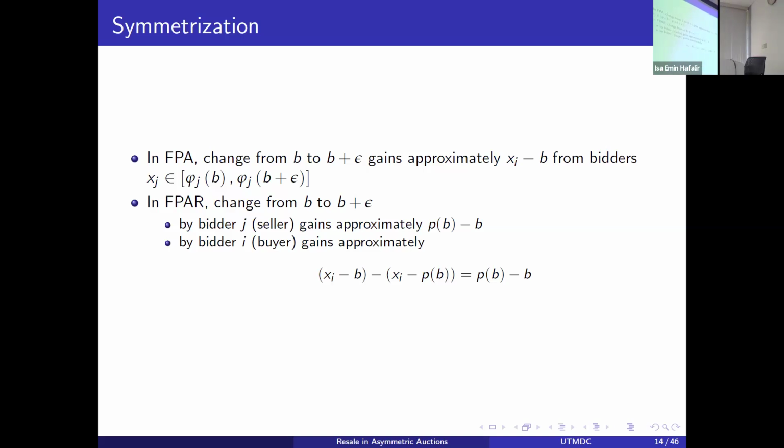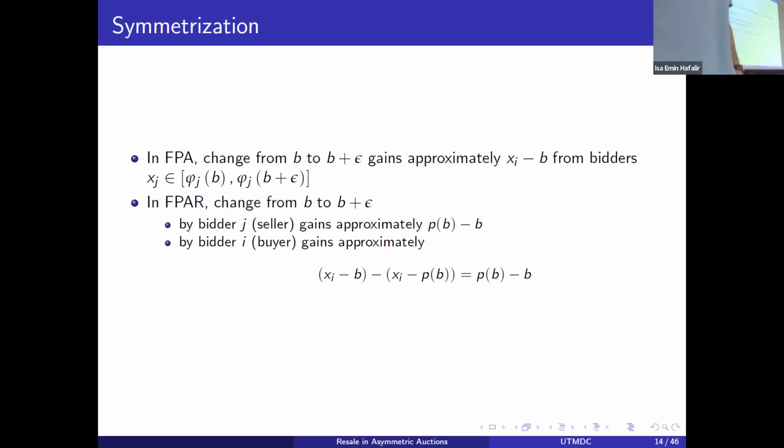This is clear, maybe easier to see for the seller. But now let's think about the buyer, the strong bidder, before the change and after the change. Before the change, for this additional small measure of people here, by increasing, I was actually still getting the item.